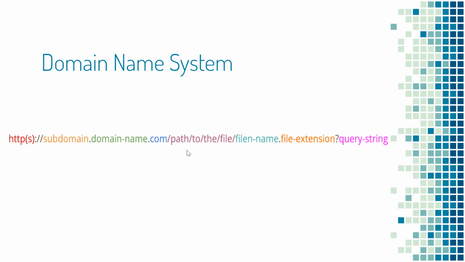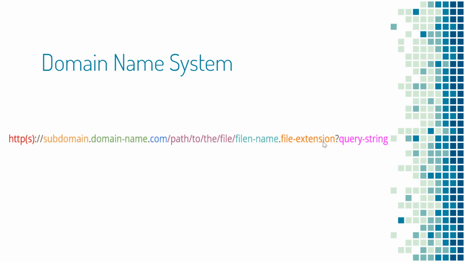But let's assume for now that we have a destination server here, and we have a client, and this file is located on the server. Then we will have the file name you're trying to access, let's say index.html. So the file name here is index, and the file extension is HTML.